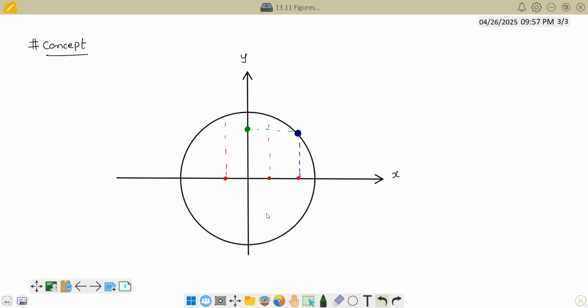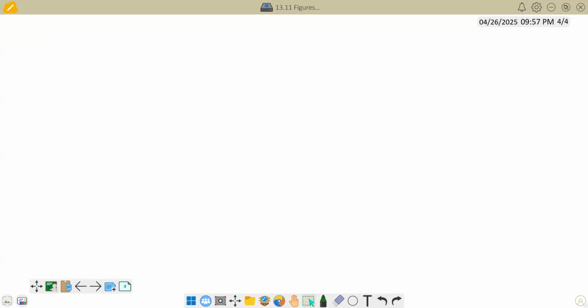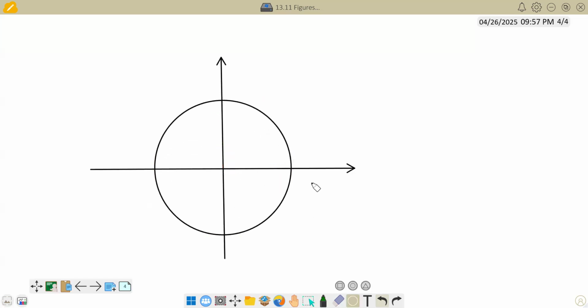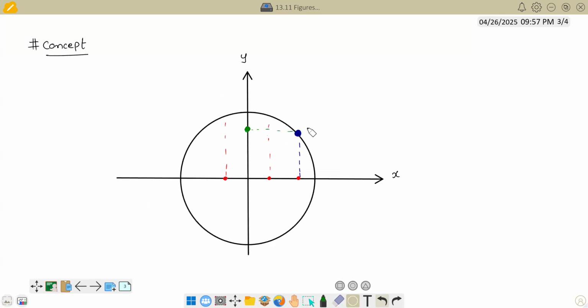Let us try to understand the concept behind it. I did not explain this in much detail because by the time you reach these problems, you should know the concept of projections. So basically, if a particle rotates in a circle, its projection would start to go in simple harmonic motion.